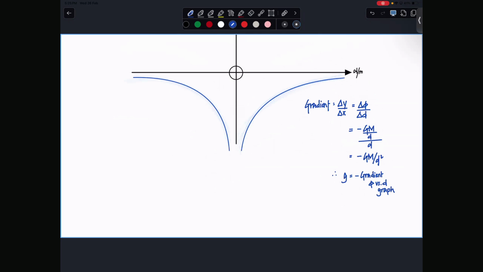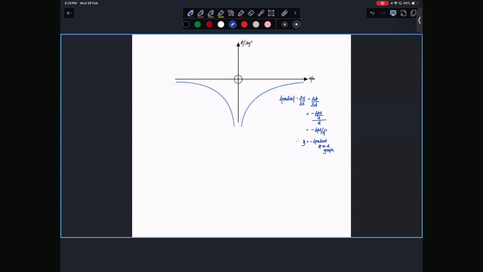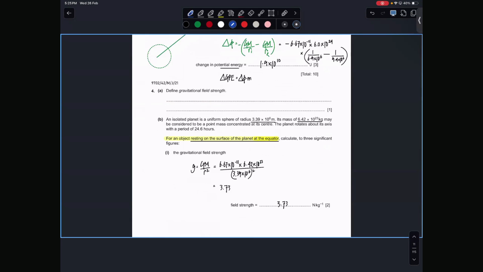Let me check their wording. They usually write a statement like this equals minus that, but sometimes they describe it. It says gravitational field strength equals the gravitational potential gradient, and the second mark is for minus gradient. So that's what you write. I'll write it for you.